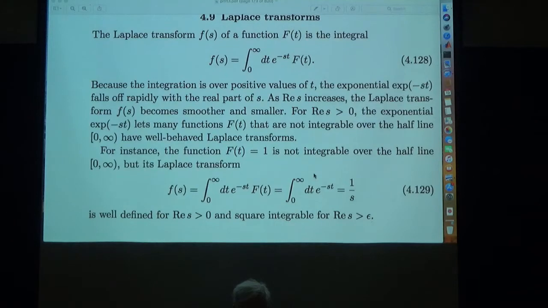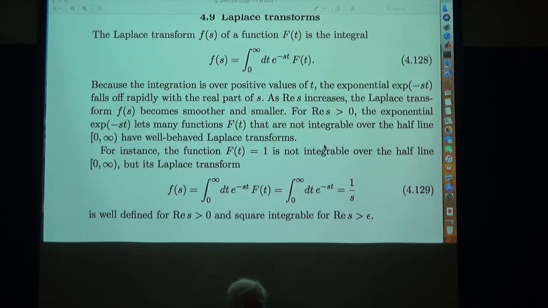And as I've mentioned to you, Fourier transforms are basically good for anything that's square integrable. Technically, Lebesgue square integrable, but in physics departments we don't distinguish typically. But of course there are functions that aren't square integrable.